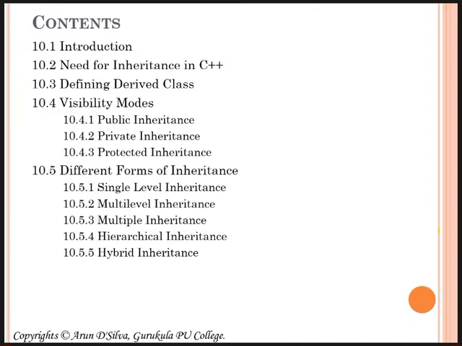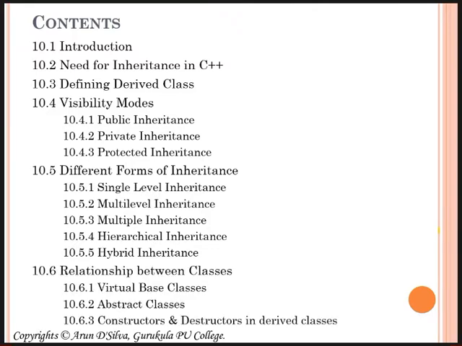And we are going to see the different forms of inheritance: single level, multi-level, multiple, hierarchical and hybrid inheritances. Then we are going to see the relationship between the classes, that is virtual base class, abstract class, and then constructor and destructor used in derived classes. This is what we are going to learn. So let me begin with the introduction part.